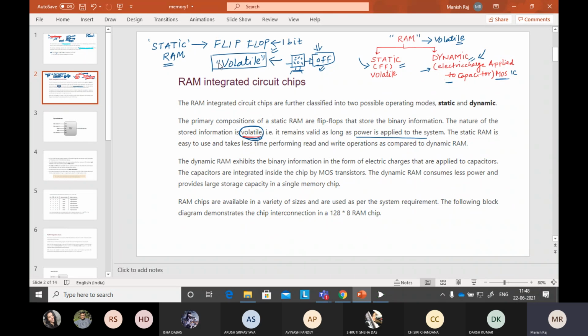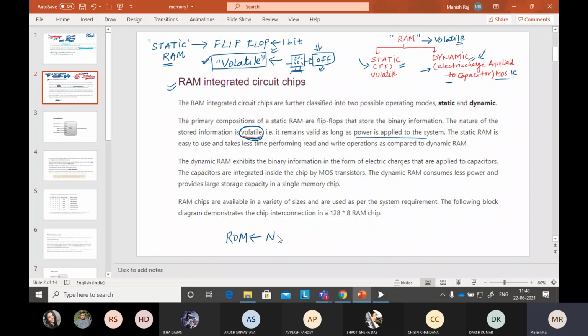That type of memory you can say is volatile. It is valid only as long as the power is applied to the system. So you will remember this word volatile. Now, RAM is the volatile memory and ROM is the non-volatile memory.